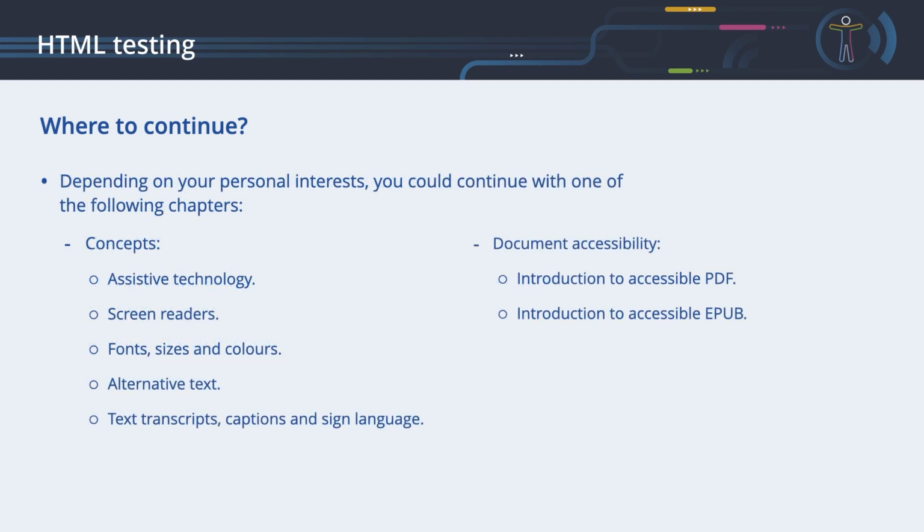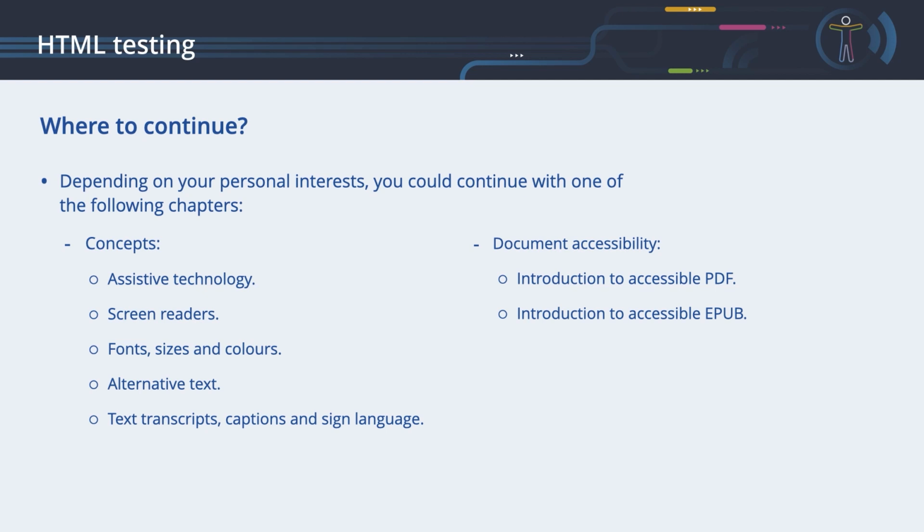Depending on your personal interests, you could continue with one of the following chapters. As testing requires extensive knowledge about concepts, you might want to revise one of the chapters on concepts for a deeper understanding. Assistive technology, screen readers, fonts, sizes, and colors, alternative text, text transcripts, captions, and sign language.